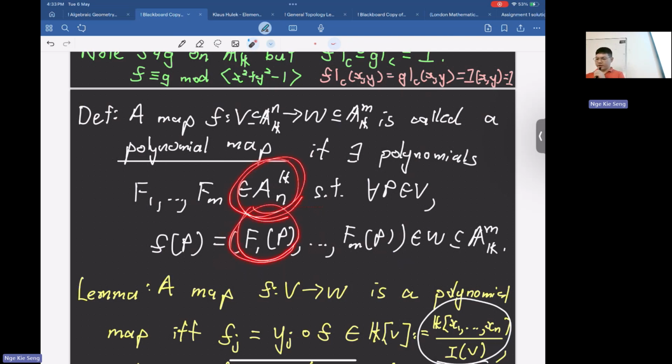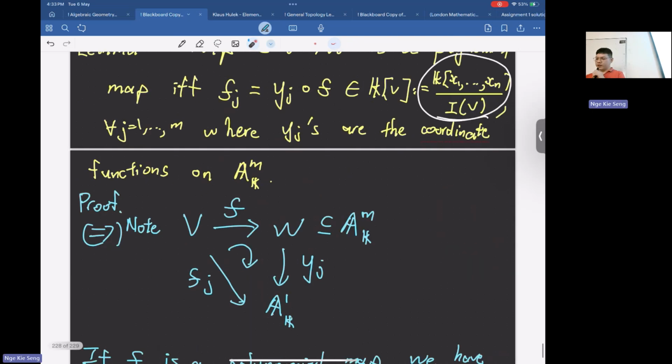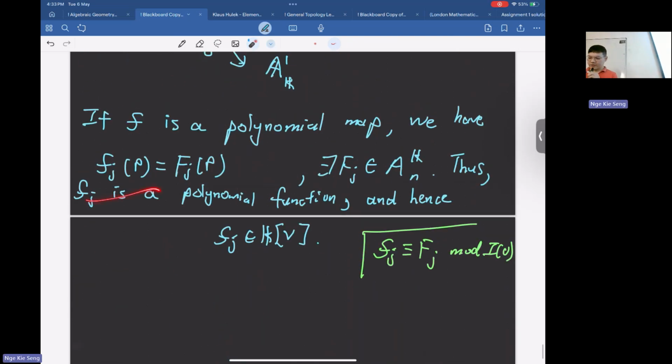We pick it from the polynomial ring, and then we consider that they are the same up to some ideal. So the difference between n affine space and KV here is just whether you see some polynomials as the same polynomial or not. Okay or not? Fj(P) mod? What do you mean? Yeah. This one?